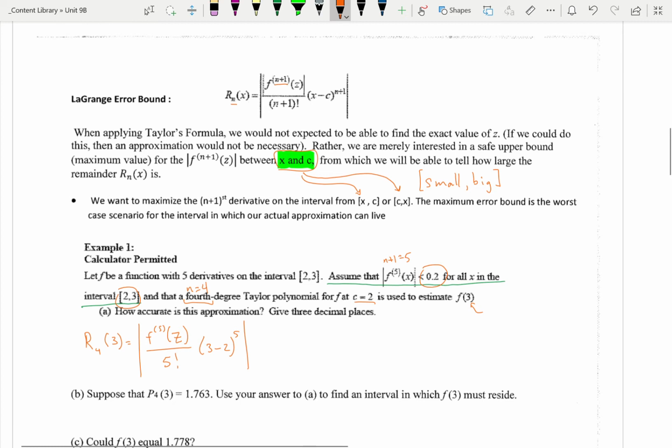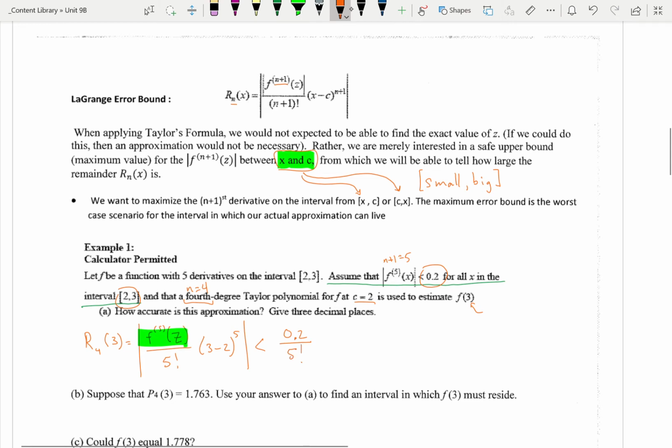Oh my goodness, that's so perfect. So we don't know what the error is, but we do know that the error is guaranteed 100% absolutely positively less than what we get if we replace this thing right here with 0.2. We know that 0.2 is too big, right? So 0.2 goes on top, and 5 factorial goes on bottom.